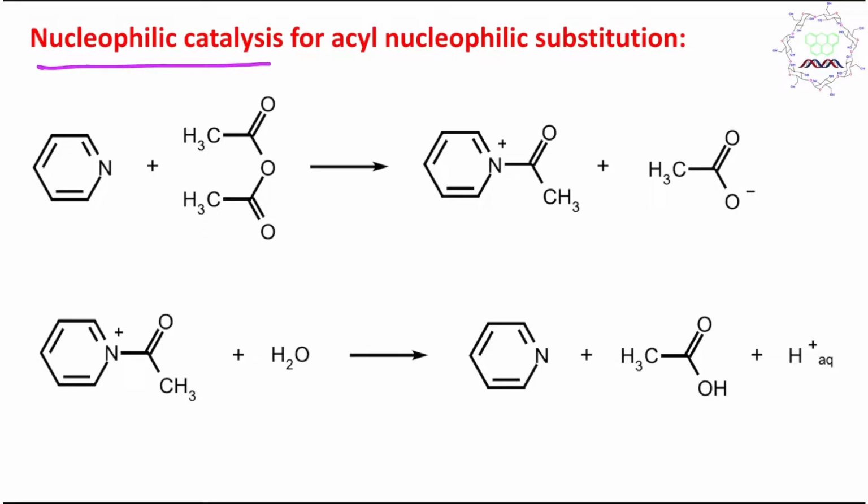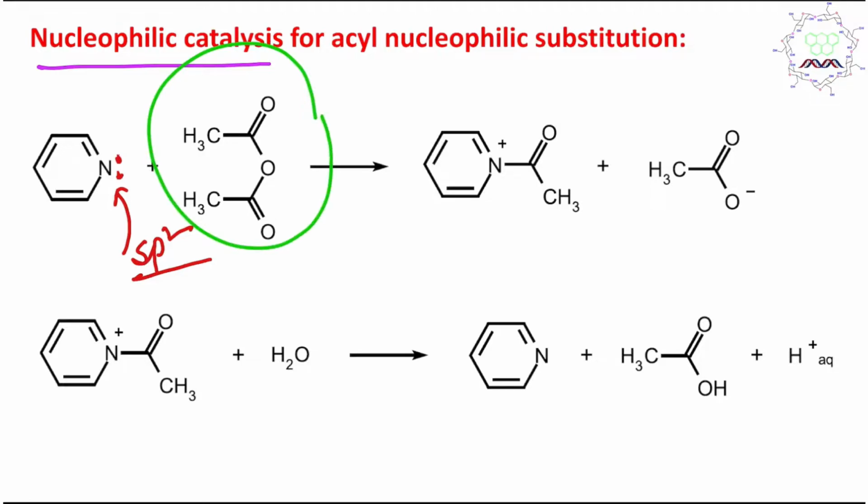In this case, the nucleophilic catalyst is this one, pyridine, and we know that this pyridine has a lone pair of electrons, and this lone pair is in an sp2 hybridized orbital. So that's why it can act as a nucleophile. And actually this molecule is acetic anhydride, and we know acetic anhydride is significantly electron deficient at the carbonyl carbon.